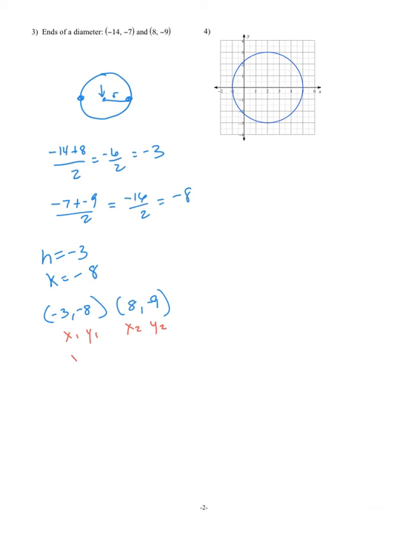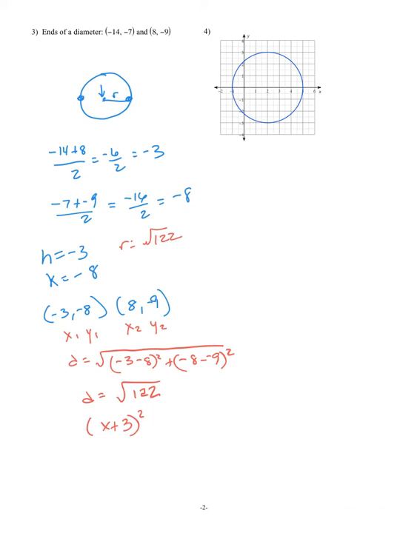We put it in the distance formula, and we have negative 3 minus 8 squared plus negative 8 minus negative 9 squared, and that should give you the square root. Remember, don't put the hood in the calculator. Square root of 122. So if the distance is square root of 122, that's your radius. And then you just put it in the equation. X plus 3 squared plus y plus 8 squared equals 122.